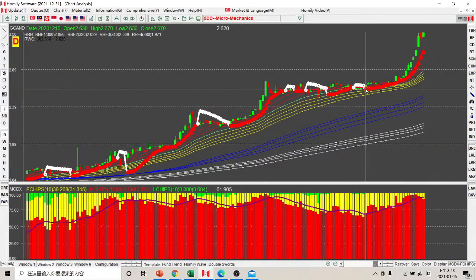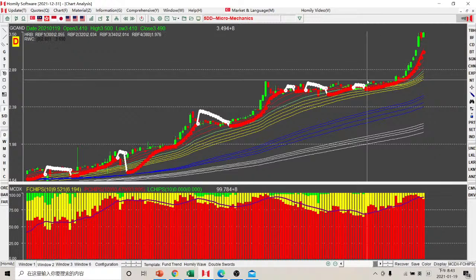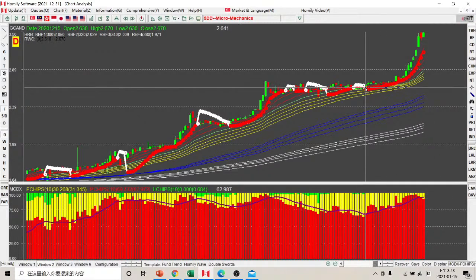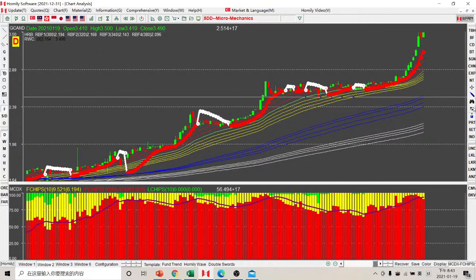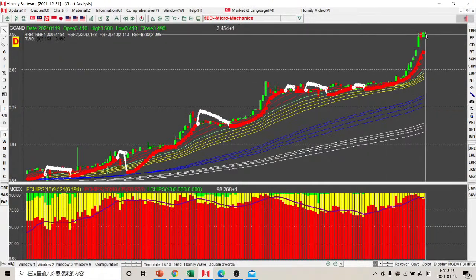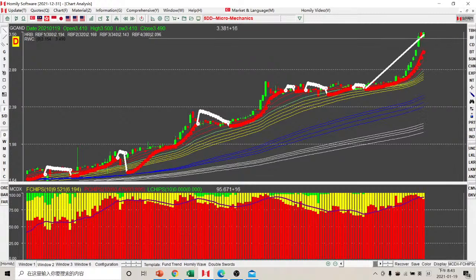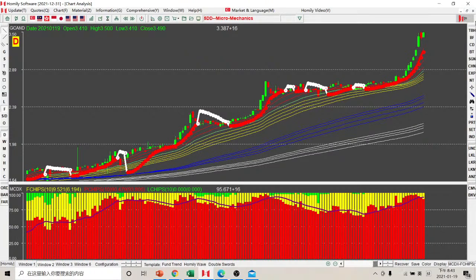Even if we bought here, it's only $2.60, and see, now it's $3.49, in only 1 month. We made the statistic: from the first red circle till today, only 24 days, the profit is 32.7%. So Singapore is also not so difficult to make money, if you choose the right share.